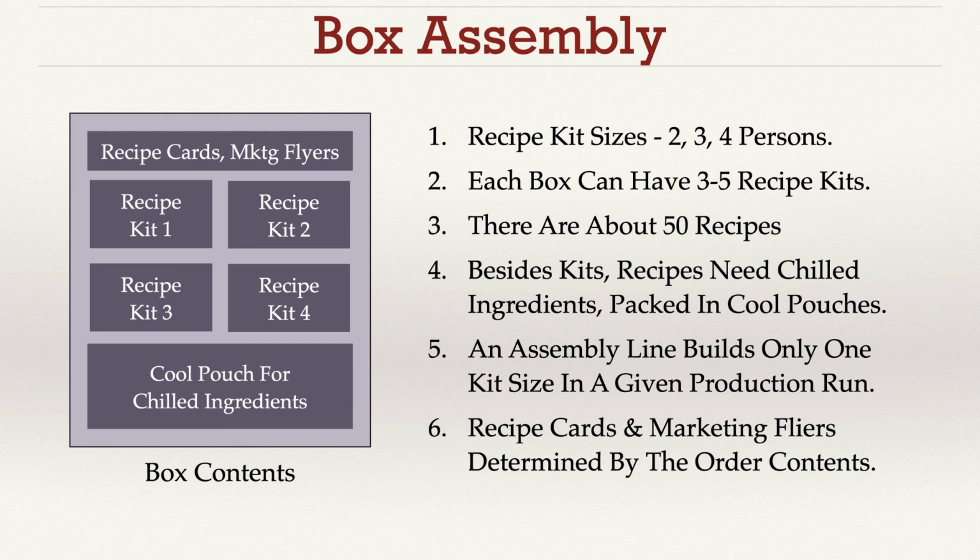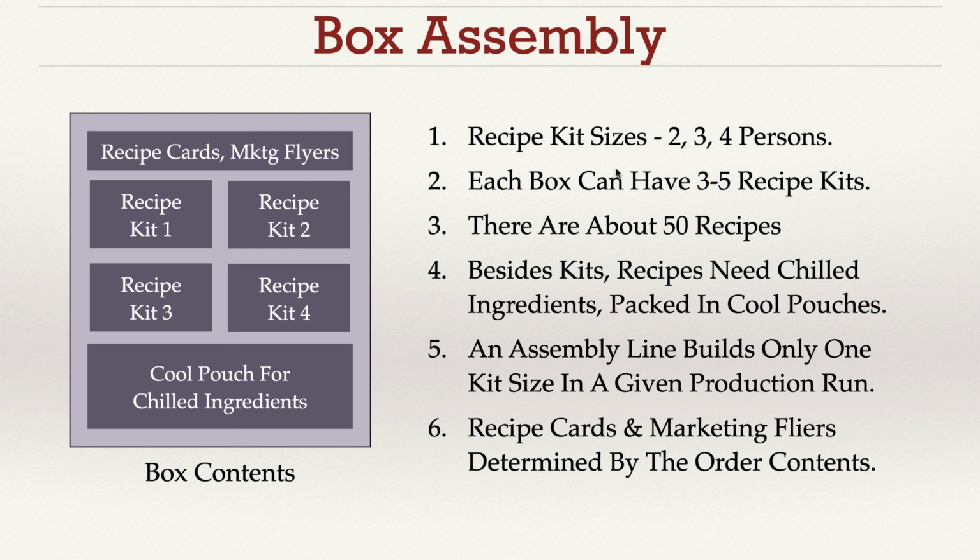Now, just to show you how the box assembly is done, these are the box contents. You can have multiple recipes. Here you have 1, 2, 3, 4 recipe kits plus a separate cool pouch for chilled ingredients, and at the final stage they add in the recipe cards and marketing flyers, which are pretty much paperwork.